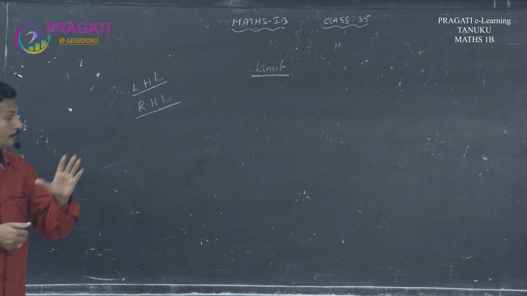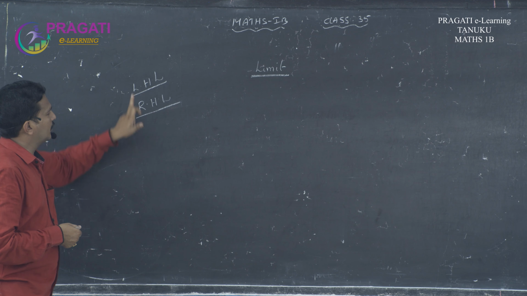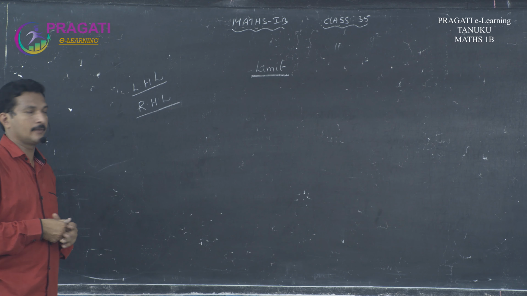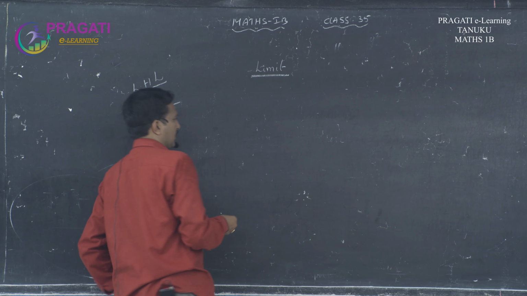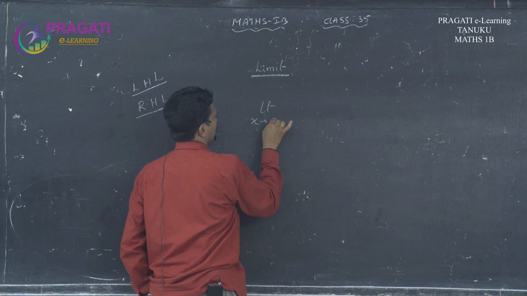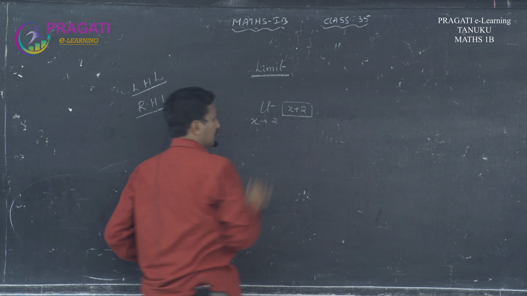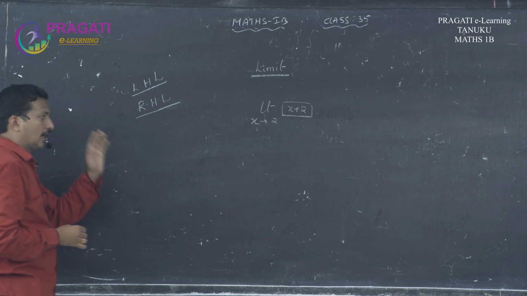Today there are 2 new terms: one is the left hand limit and another one is the right hand limit. Already we discussed, here, limit x tends to 2, x plus 2. In the starting class I already explained it.